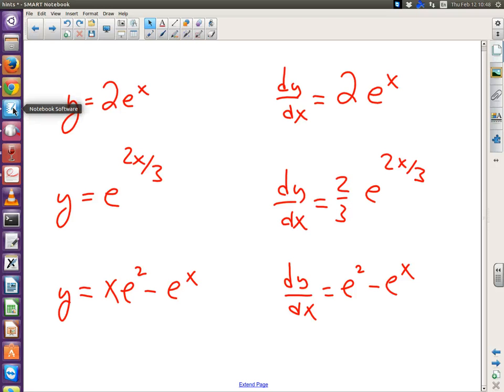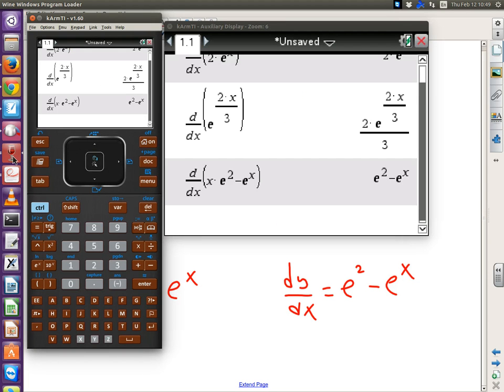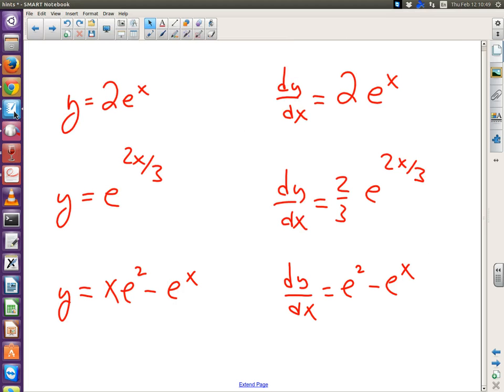And getting a numerical derivative. You're not required to do CAS, Computer Algebra System, like we did, just numerical calculators like the TI-84. So numerical integrals and numerical derivatives.